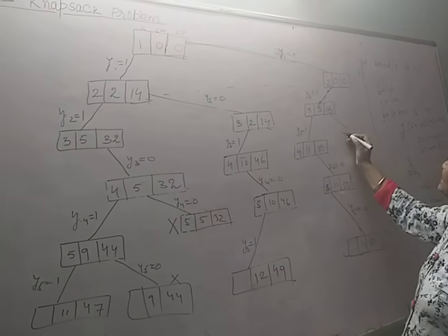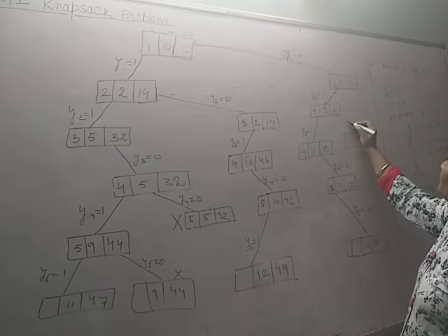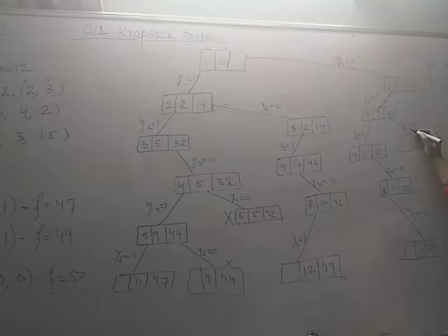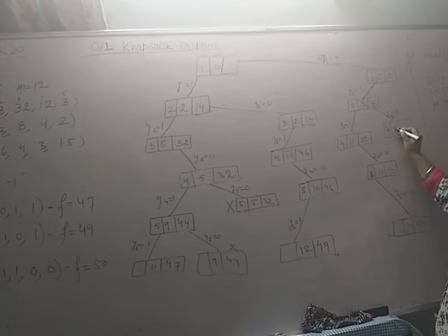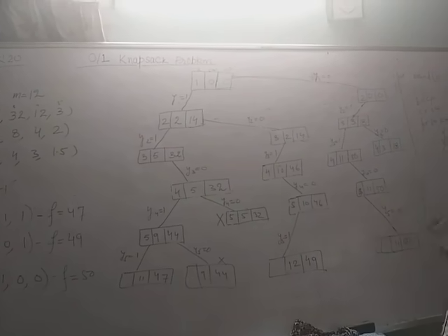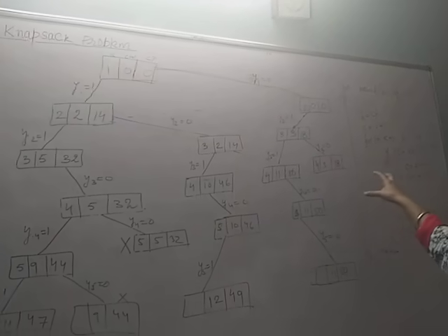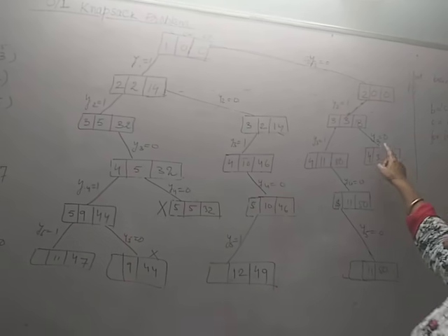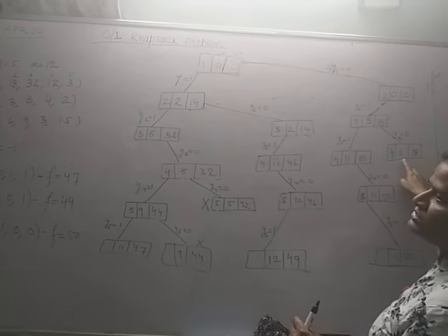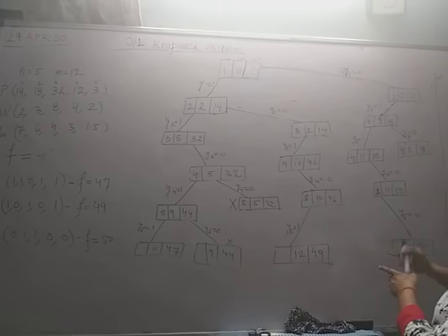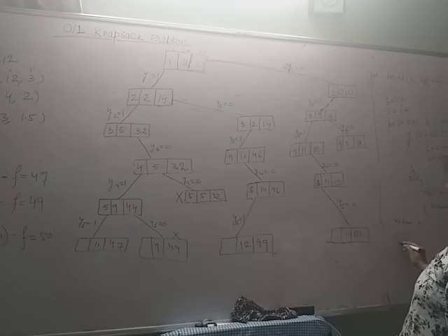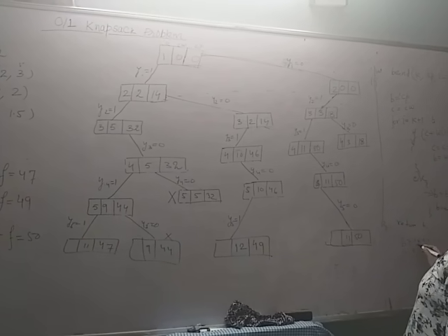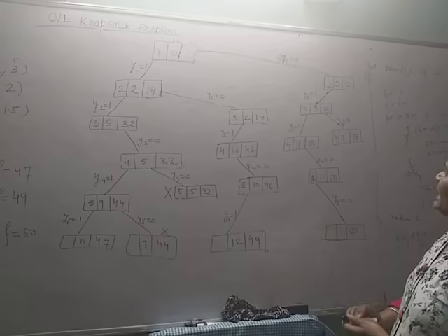Now if we consider this branch, y3 equal to 0, then we again apply the bounding function. I am not tracing, I am directly applying it. Where the third weight is excluded, 3 plus 4 is 7, and 18 plus 12, that is 30.